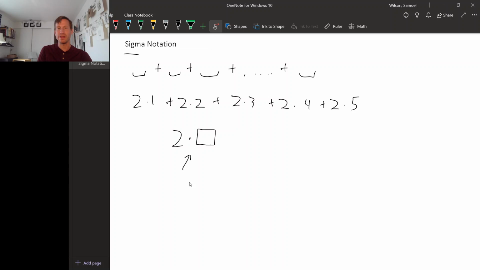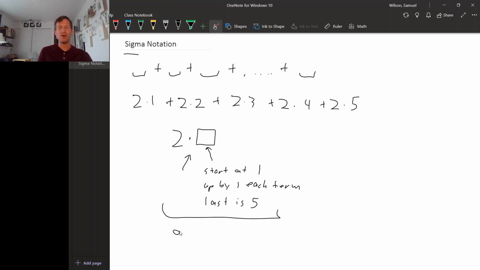And all of the numbers being multiplied by 2 start at 1 and go up by 1 in each term. The last term is when this gets up to 5. So the pattern starts at 1, goes up to 5, and every term is added together.